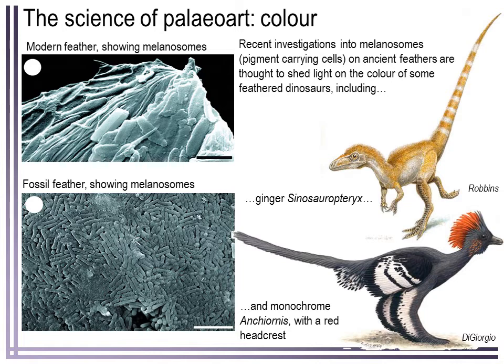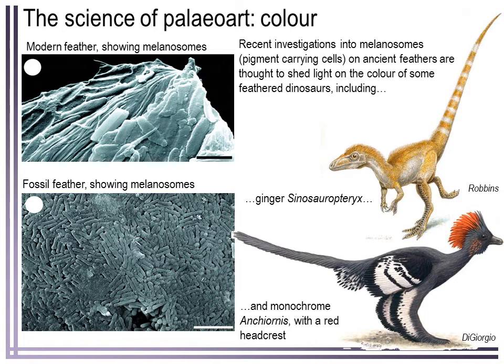The way pigment cells are arranged, their density, their structure, their arrangement to each other, all equate to different pigmentation on animal skin and animal feathers. And so by comparing the fossil ones with those in modern animals, where we know what pigments they produce, we can get some idea about the colours of fossil animals.